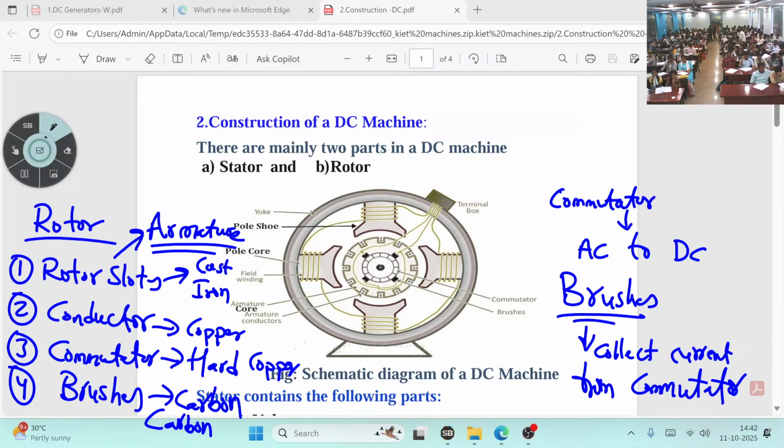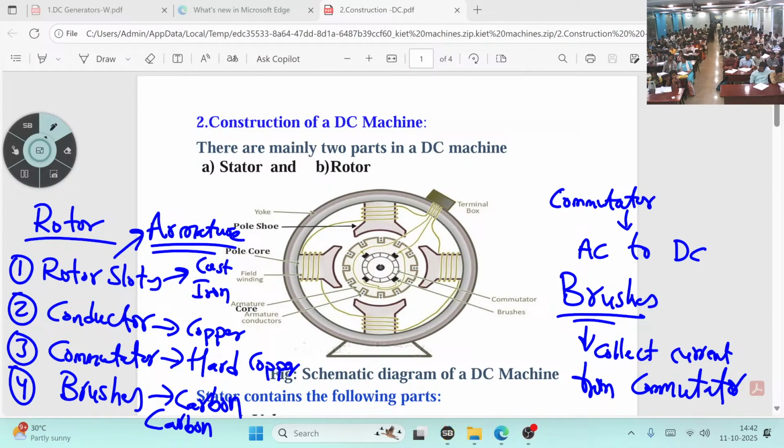Now tell me, how many windings do you have for the DC generator? Two windings: one is the field winding, the second is the armature winding.